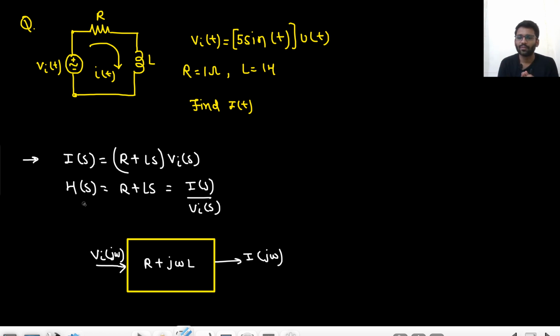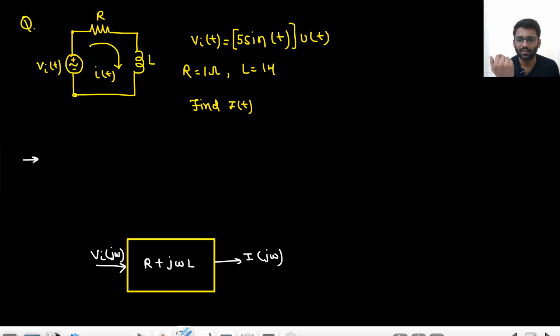What will be your V out? What will be your i(t)? Oh yeah, I wrote this wrong. Okay, V in S is equal to R plus Ls times I in S, right?